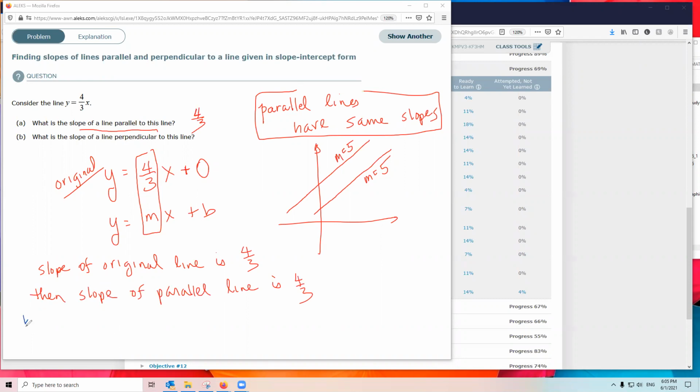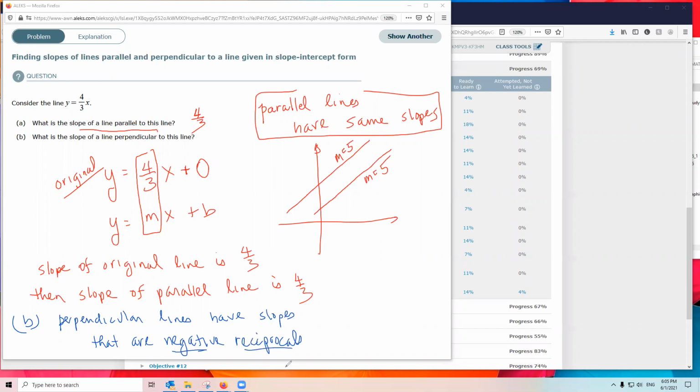Part B says, what's the slope of a line perpendicular? Perpendicular lines have slopes that are negative reciprocals of each other. So let's figure out what this is really telling us. Negative means a different sign.